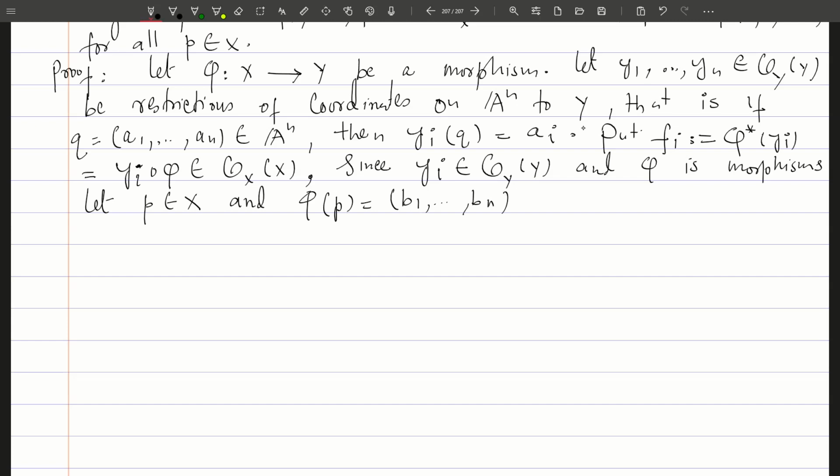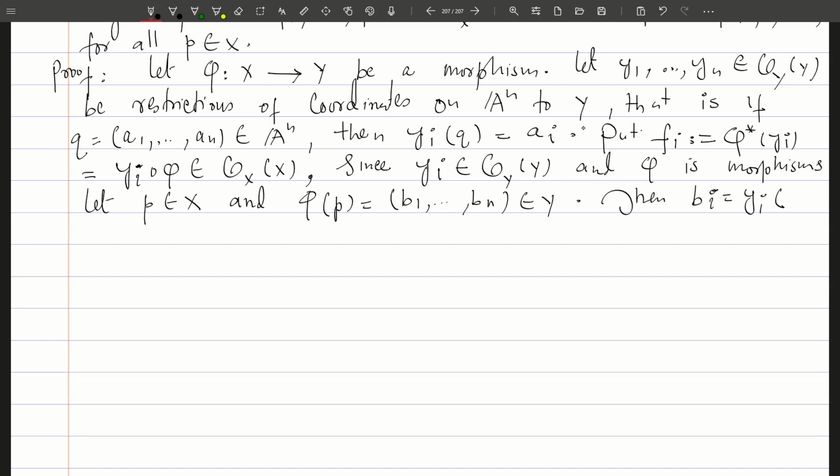This being a point in y, we can use these coordinate functions, the yi's. Then each bi is given by the coordinate function yi evaluated at the point b. Let us call this point b.